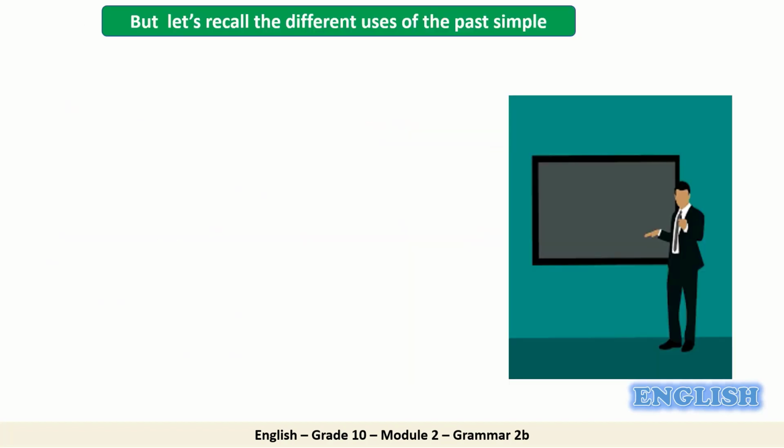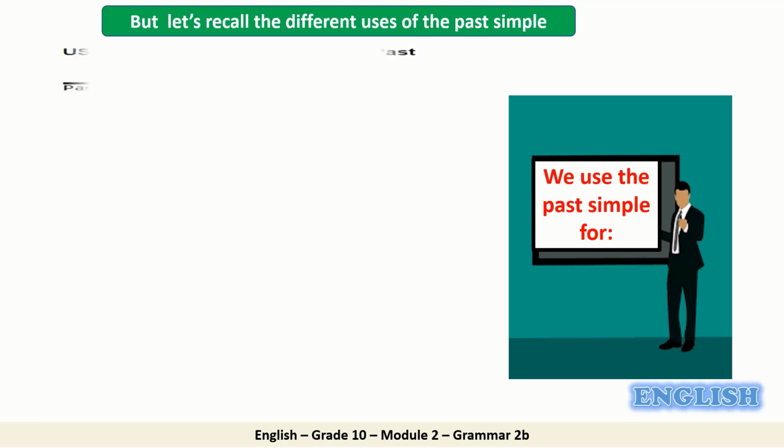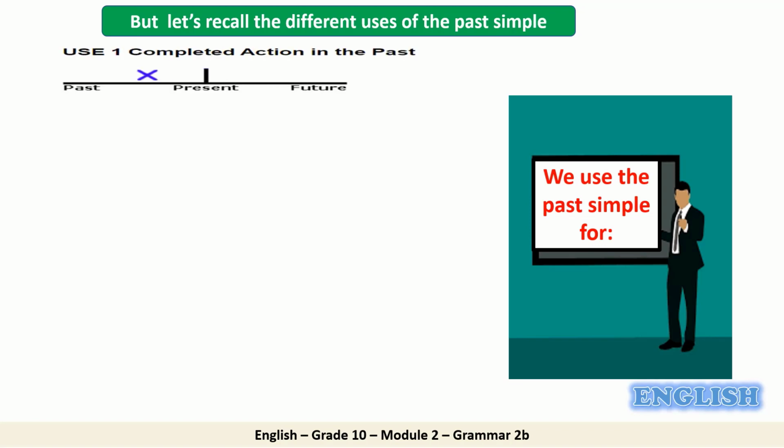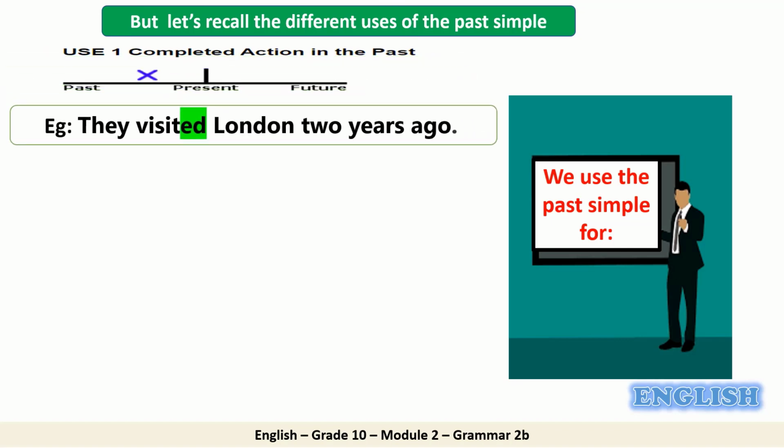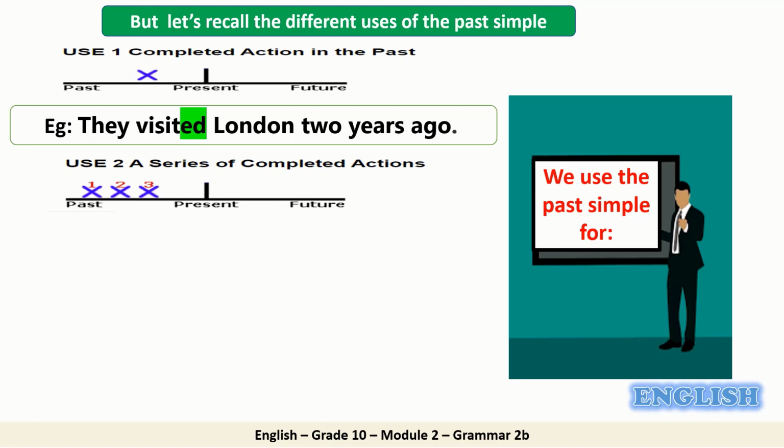Alright, so now that we have seen the different uses of the past progressive, let's recall the different uses of the past simple. So we use the past simple for completed action in the past. Example, they visited London 2 years ago. Also, we use the past simple for a series of completed actions.